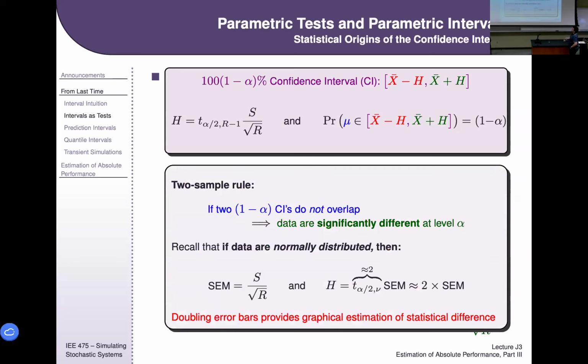So again, a geometric interpretation of a t-test. The two sample rule is that if you have two confidence intervals, so you run a sim on your as-is system, you get a confidence interval on wait time. You run a sim on your proposed system, you get a confidence interval on wait time. Compare those two confidence intervals. If they do not overlap, if there's daylight in between them, you don't have to run a two-sample t-test.